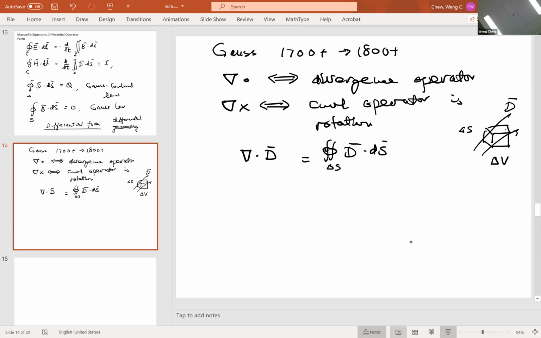And then after you have counted the fluxes properly, if you make this volume very, very small, what happens to the integral on the right-hand side? I count this flux through that small volume. If I make that volume very, very small, what happens to the right-hand side?